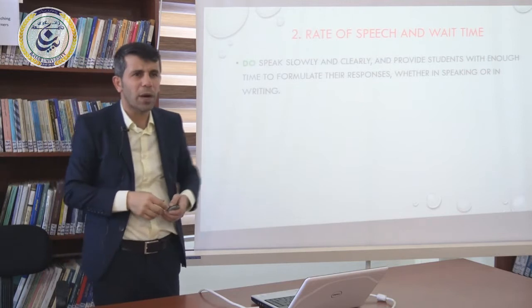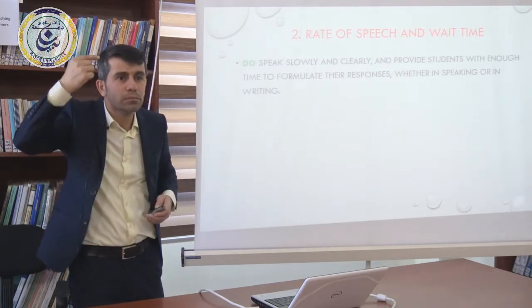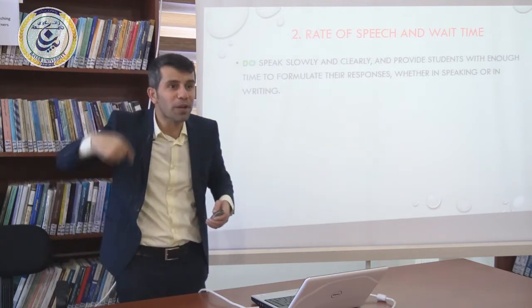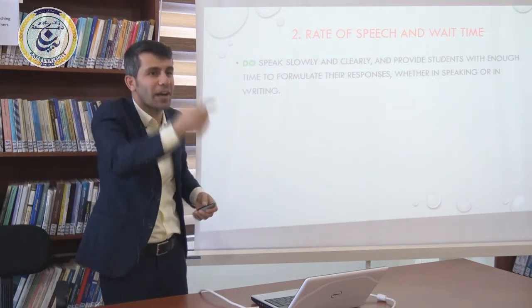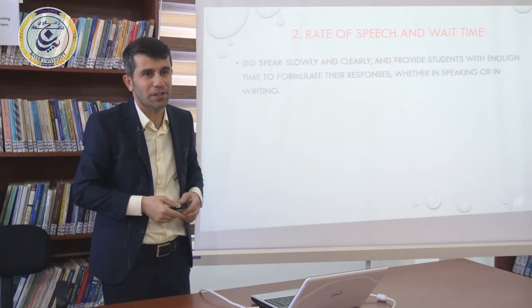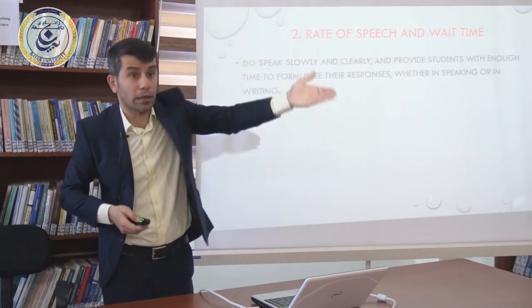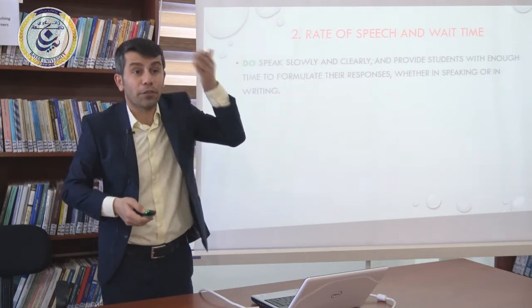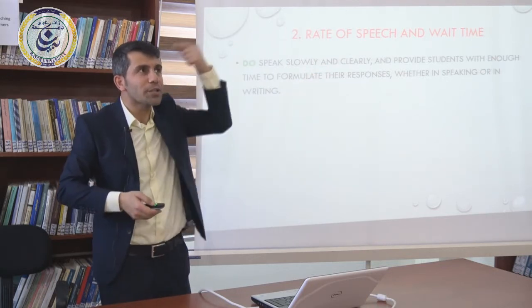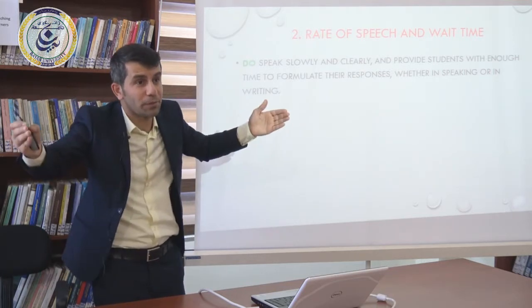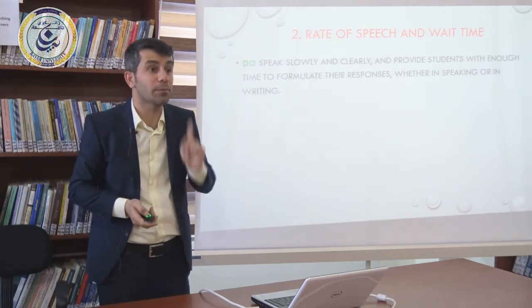Why give them time to prepare the answer? Because they are thinking in one language and producing in another language. It is not their own first language. It's English, and their own language might be Arabic, for example, or Kurdish. They think in their own language, and they try to rearrange, formulate, create, form the answer. That's why we have to give them some time to think.